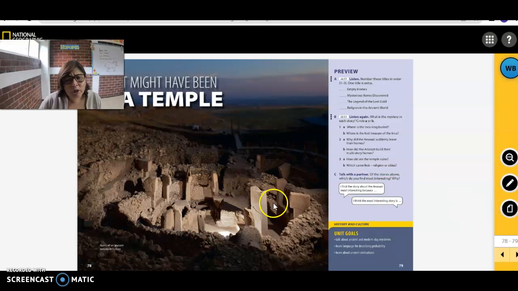Are there any ruins like this here in Guatemala? Yes, of course. If you go to Antigua, Guatemala, you can see a lot of ruins. Because in Antigua, Guatemala, there is a lot of history.